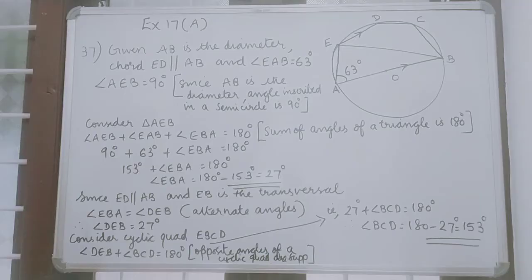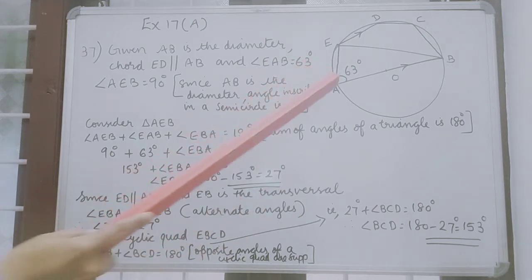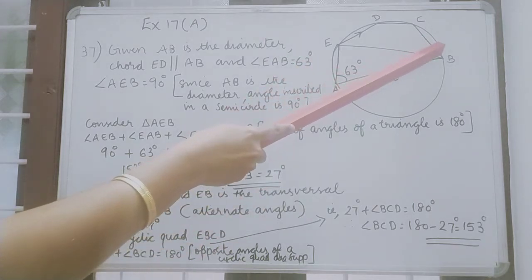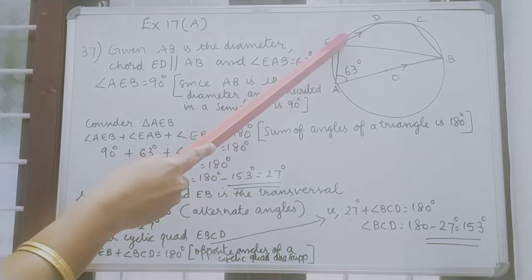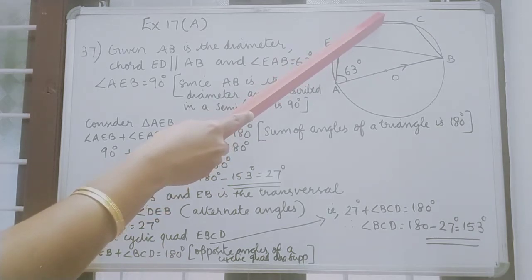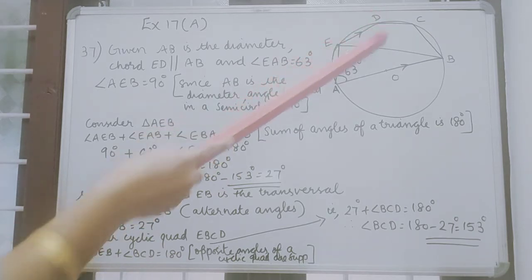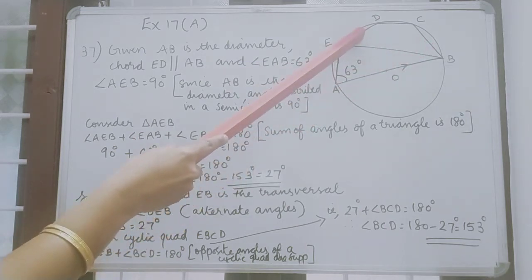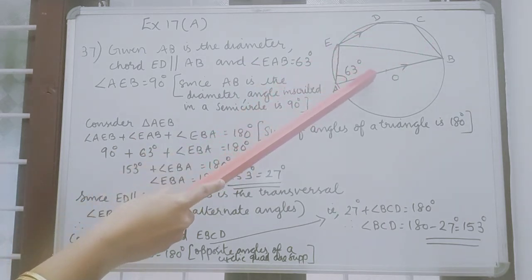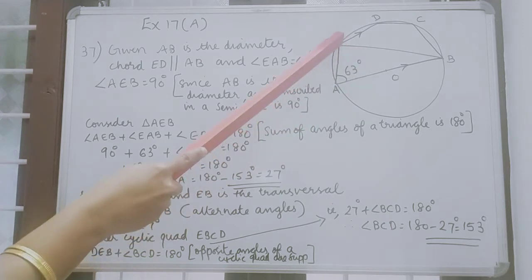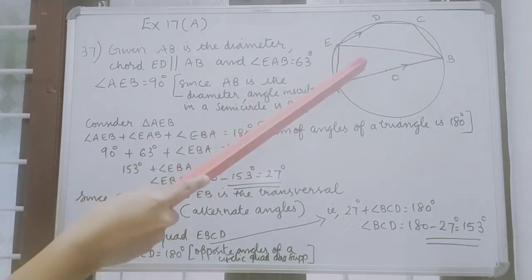Given AB is the diameter of the circle. ED is the chord, and also given ED is parallel to the diameter AB. Also given EAB is equal to 63 degrees.